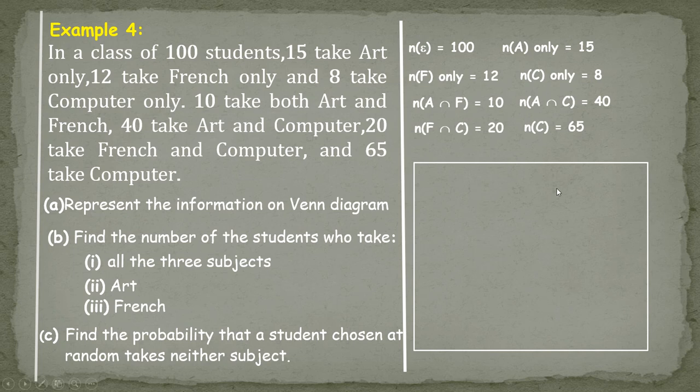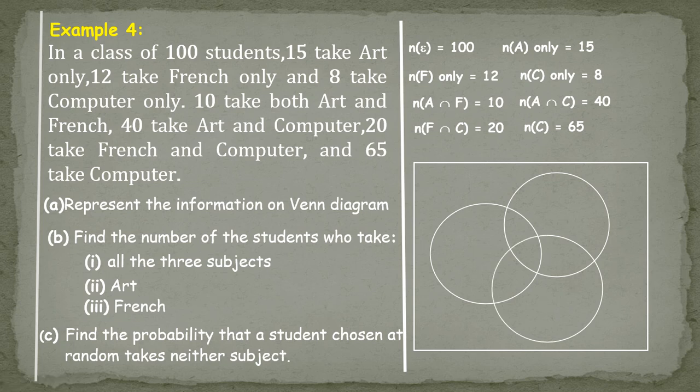We start with the universal. We have the first set, the second set, and then the third set. So our universal is 100. We have number of A, number of F, number of C, which we are given as 65.